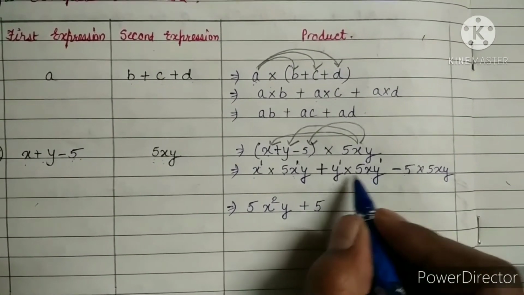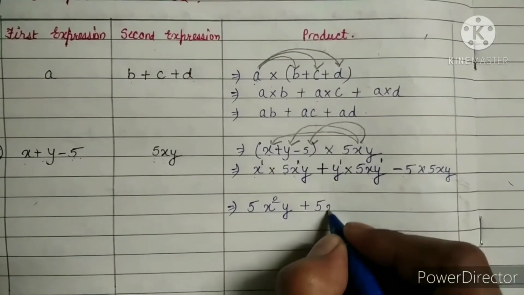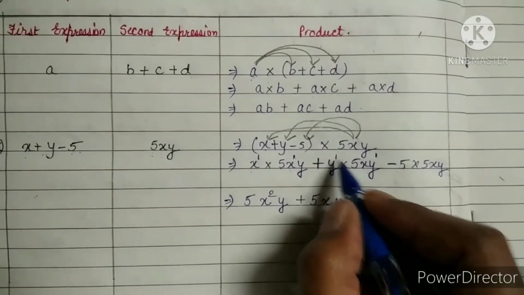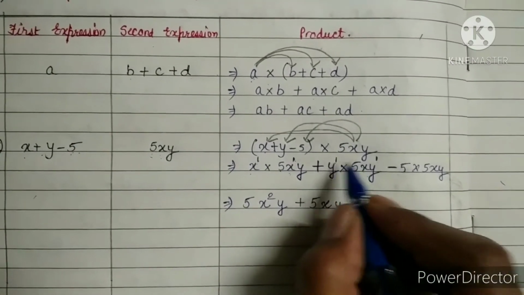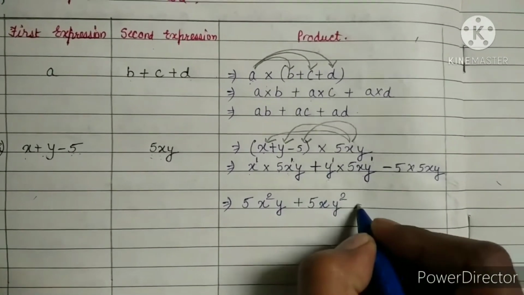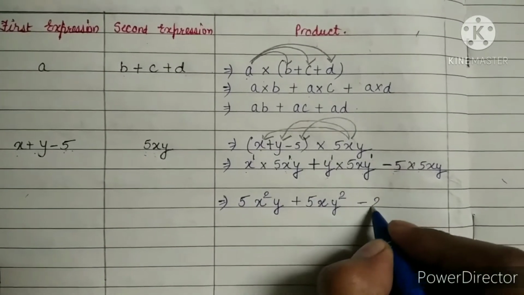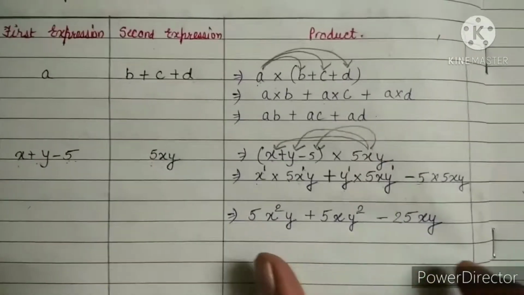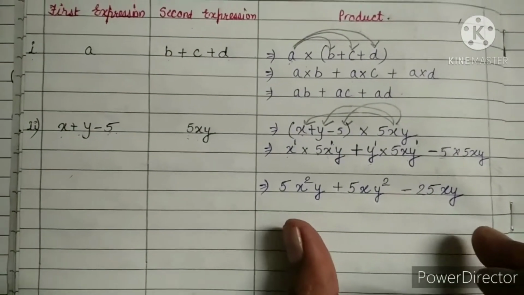Now x is only one time in this term, so x will come only one time. y is to power 1, y is to power 1, 1 plus 1 is 2, minus 5 fives are 25 and xy as it is. This is our second question's solution.